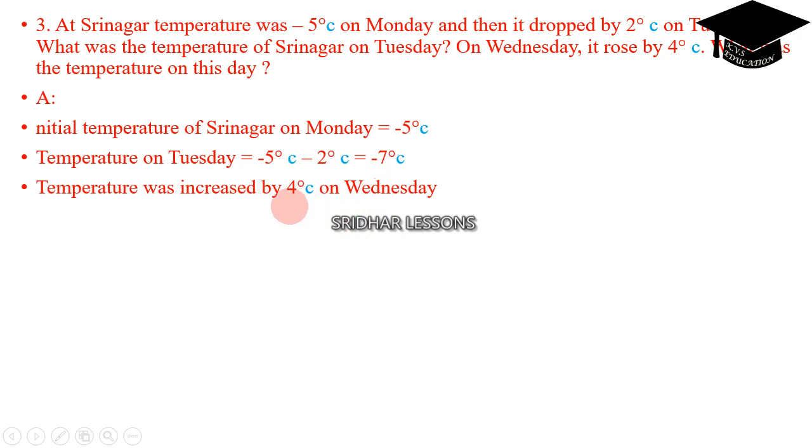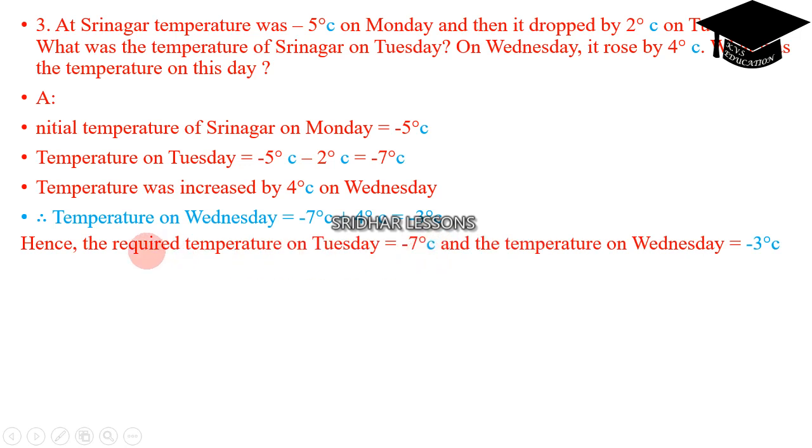It was increased by 4 degrees centigrade. So it is -7 plus 4 degrees centigrade, which is equal to -3 degrees centigrade on Wednesday. So the required temperature on Tuesday is -7 degrees centigrade and the temperature on Wednesday is -3 degrees centigrade.